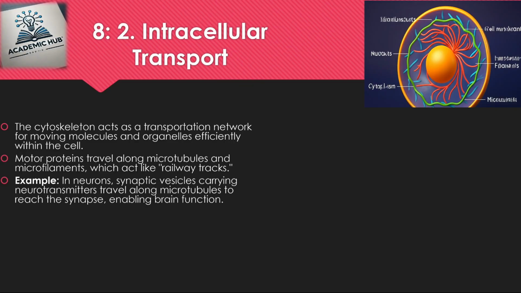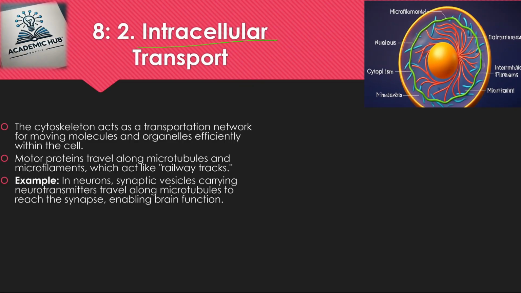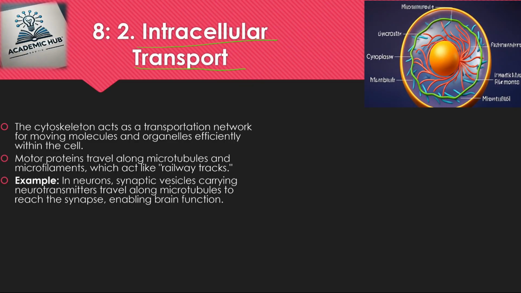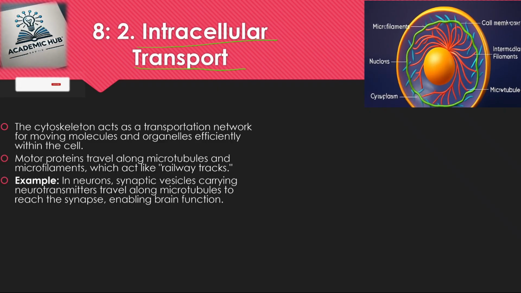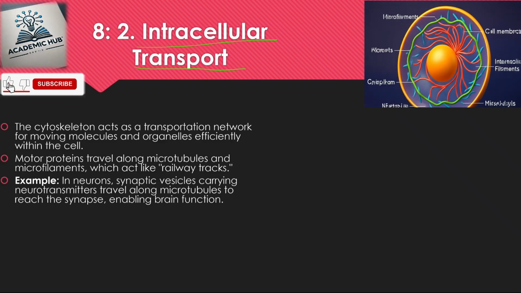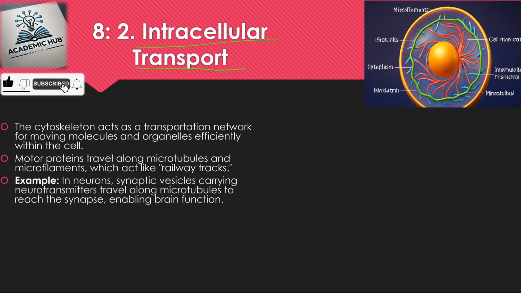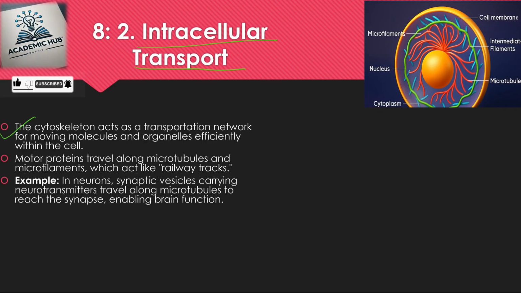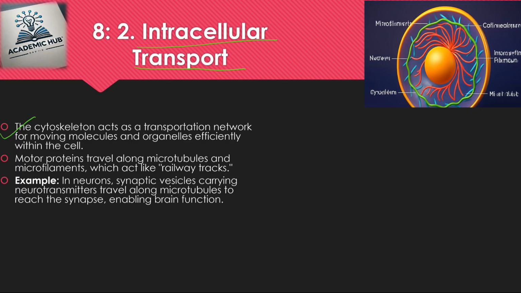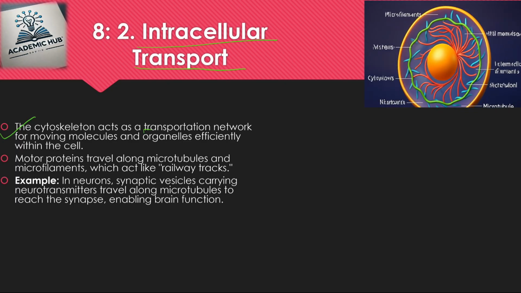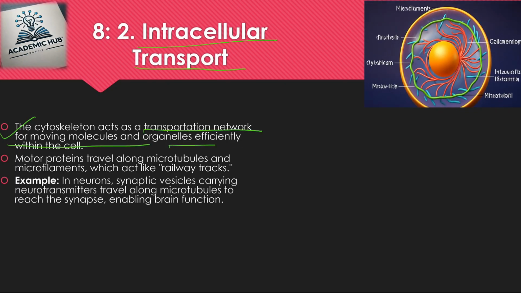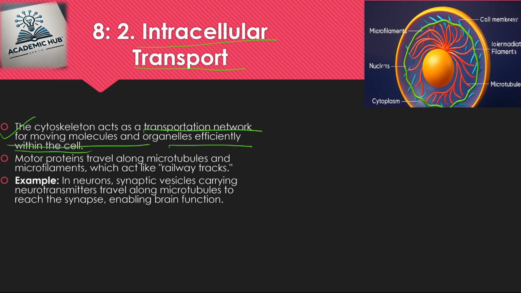Now next is the intracellular transport. Intracellular transport means within the cell, not among different other parts. The cytoskeleton acts as a transportation network for moving molecules and organelles efficiently within the cells.